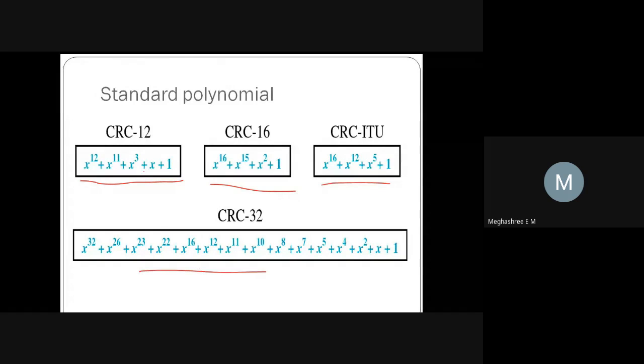According to your syllabus, they have particularly given this polynomial to follow, so I'm going to concentrate on this itself: x power of 16 plus x power of 15 plus x power of 2 plus 1. This polynomial is used at the sender side as well as the receiver side. I hope I'm clear to everyone, right?